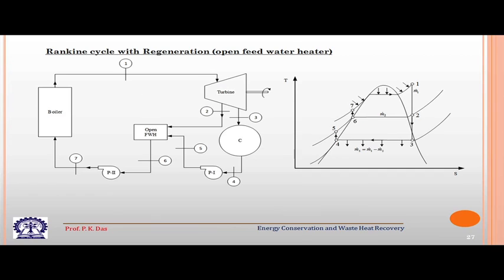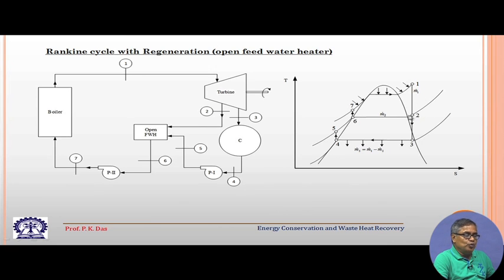Now, let us go to the thermodynamic plane, and as usual I will try to explain it with the help of a T-s diagram. Let us say we start from the turbine. In the turbine from 1 to 2, if m dot 1 is the total mass flow rate, then m dot 1 of steam expands from 1 to 2.